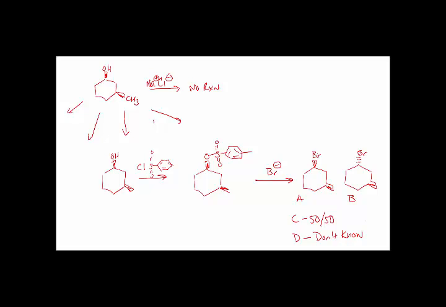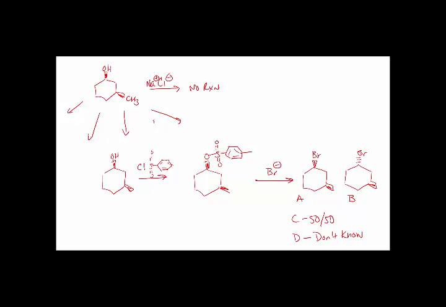So why did we move to B? When I turn this into the tosylate ester, what kind of tosylate ester do I have? Primary, secondary, tertiary? Secondary. So what kind of reaction now between tosylate ester and Br minus?